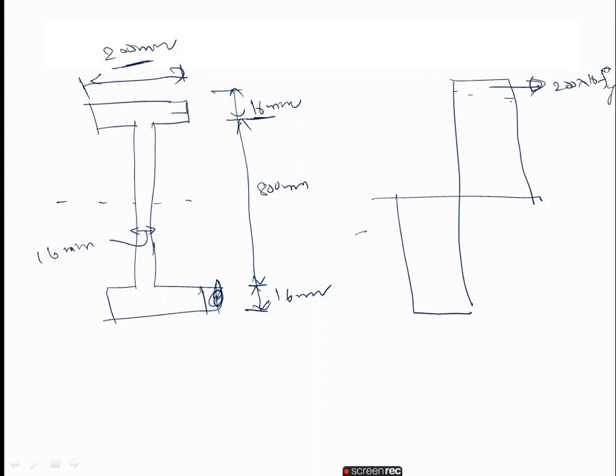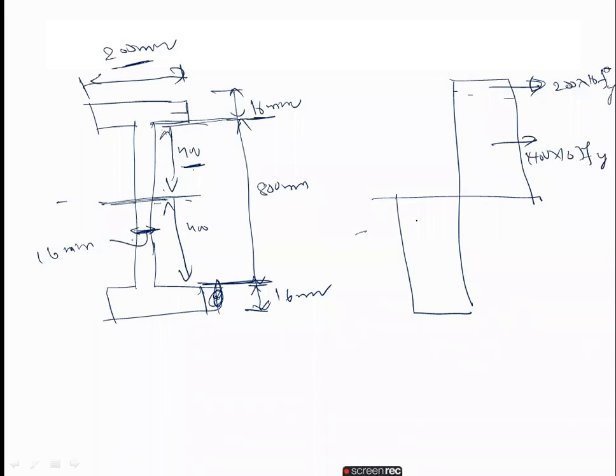That is the load acting here. Now for the web, it is half of this portion. The total is 800, so up to here it is 400 and up to here it is 400. So 400 into the thickness of the web, that is 400 into 16, the area, into stress Fy.